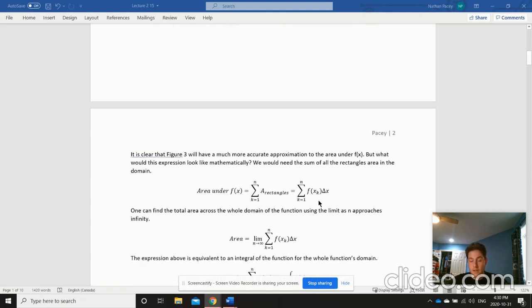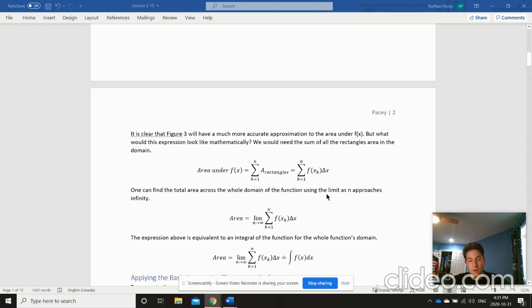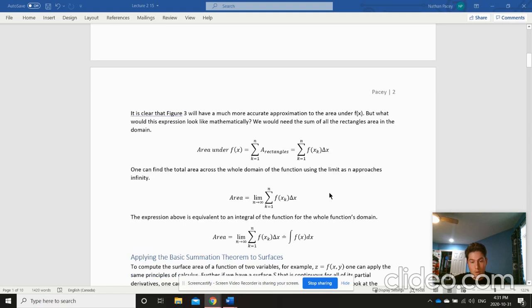And then if we're finding the area under the curve for its entire domain, we would take the limit where n approaches infinity. Now, we know that you can compute this as the integral from 0 to n. When you take the limit of the sum, you know that it's equivalent to the integral of the function.